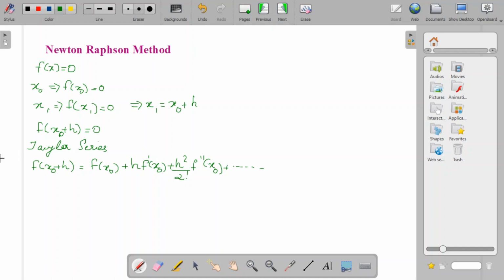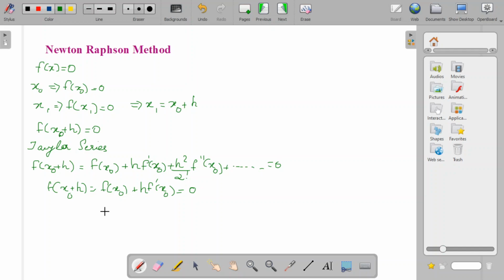Normally, if we neglect the higher order terms from h square by 2 onward, since these values will be very small, I can write f of x0 plus h f prime x0 equal to 0. I forgot to write before, this is 0, since f of x0 plus h is the solution and equals 0.